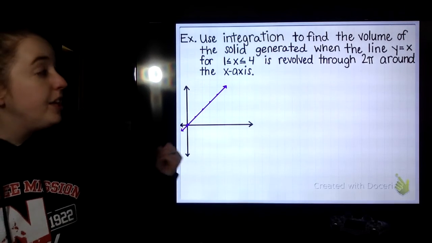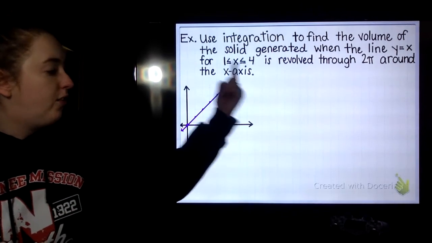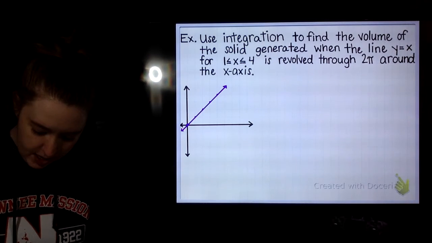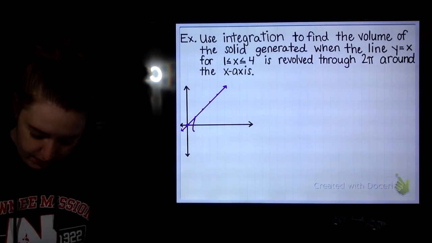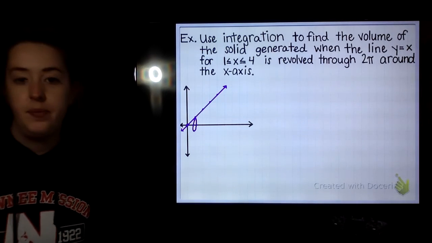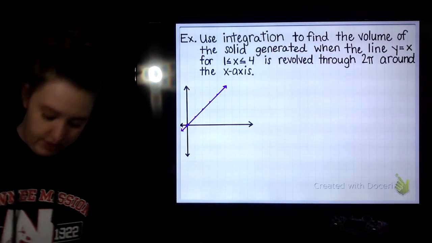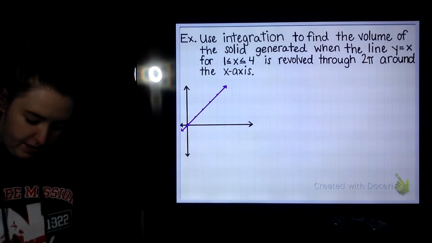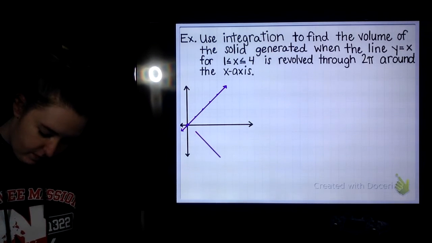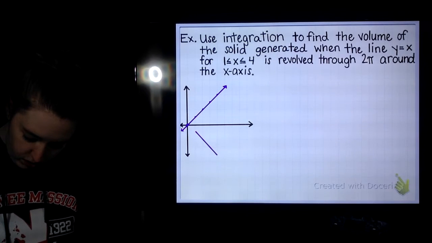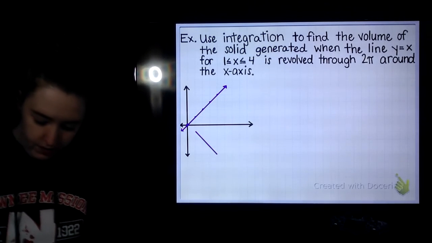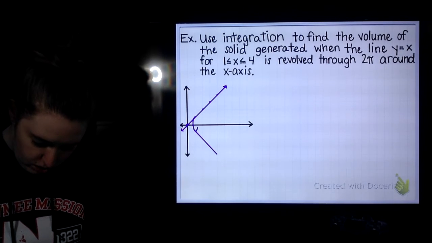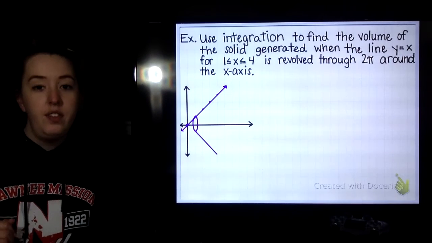Okay, so I only want to have from 1 till 4. So right here, cut it off. That's a little wonky. Here's what I'm going to do, I'm going to reflect it over. There we go. That's at 1.